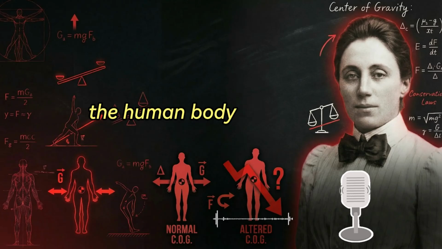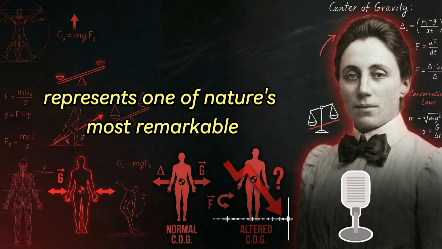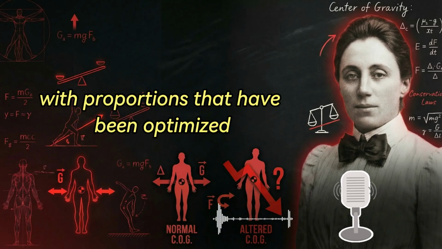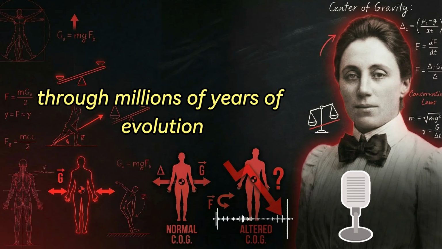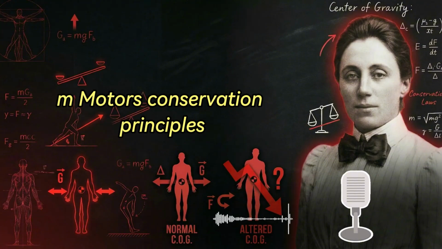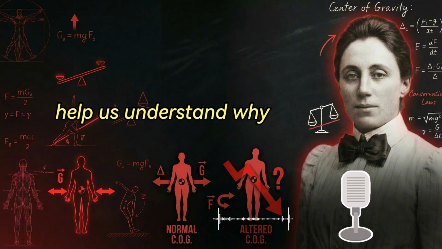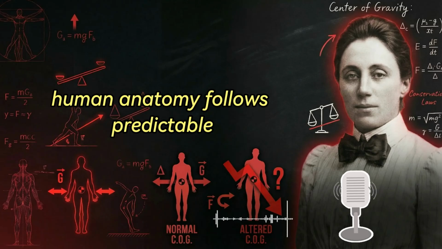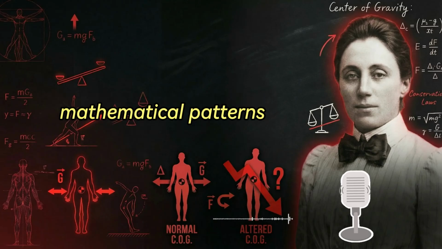The human body represents one of nature's most remarkable engineering achievements, with proportions that have been optimized through millions of years of evolution to create stable, efficient, and mobile biological machines. Emmy Noether's conservation principles help us understand why human anatomy follows predictable mathematical patterns.